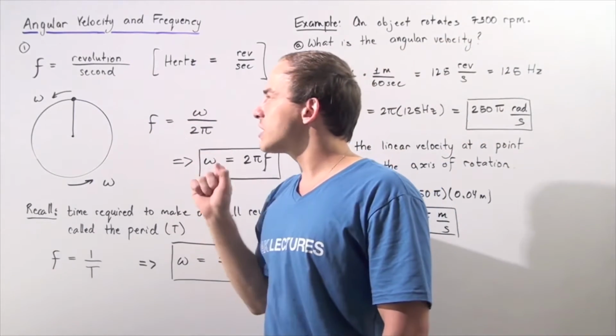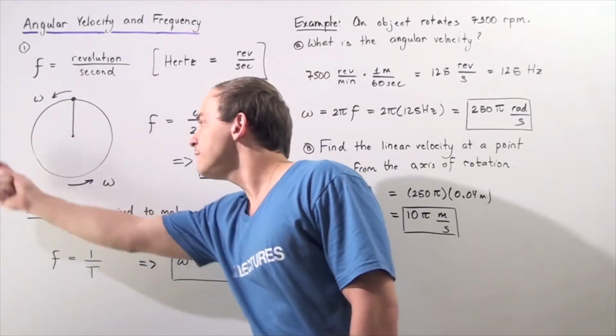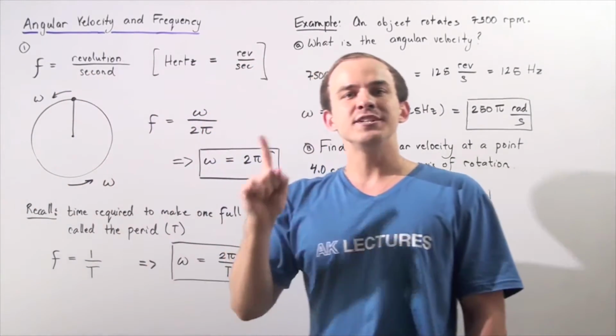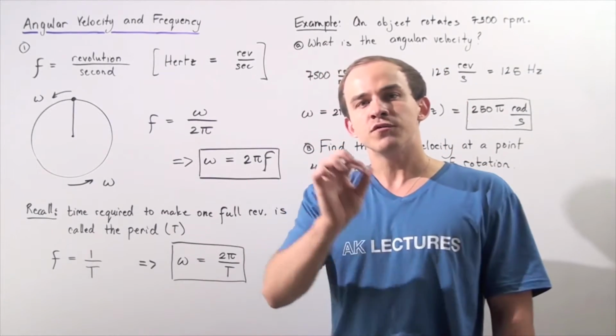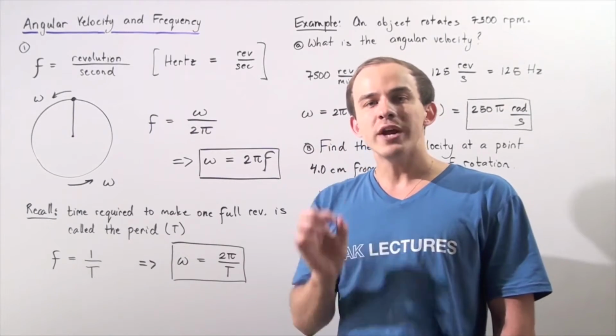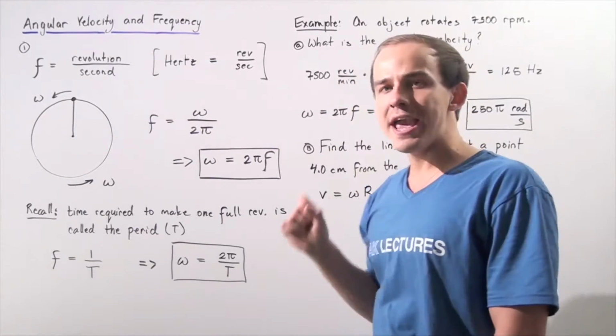Now, let's suppose that our circular object makes 1 full revolution every single second. Now, because 1 revolution per second is equal to 2 pi radians per second, we develop the following equation.